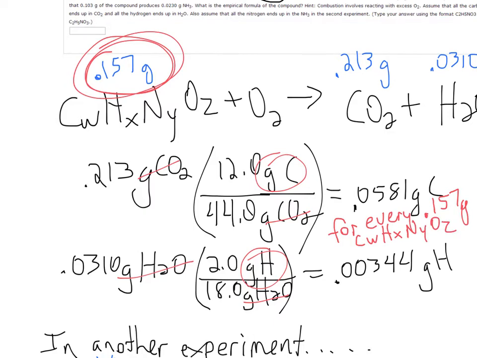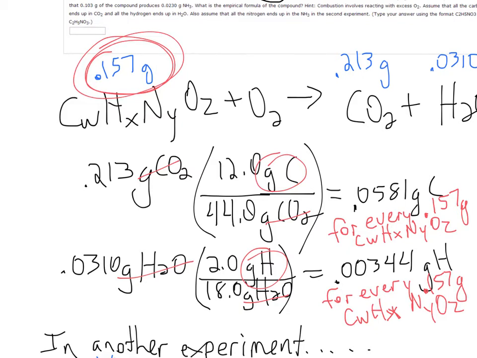And the mass of hydrogen was for every 0.157 grams of the unknown. So in other words, the masses that we've found are not consistent across the board. Thus, we need to do a little converting.